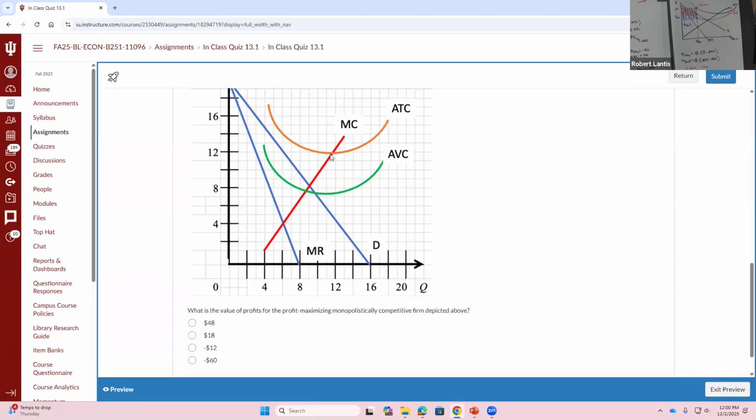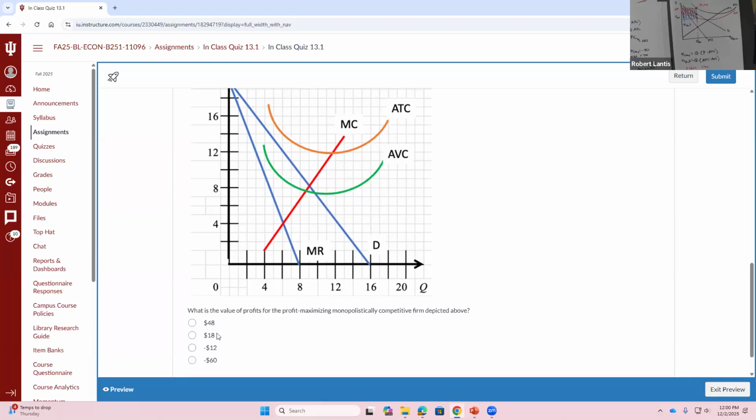Now, this won't always be the case because I can change the distractor answers. But if I just had to guess without doing the work, if staying open should result in smaller losses, should I choose negative 60 or negative 12 here? Negative 12. I could have given you negative 6, and that wouldn't be the case. But we can start to think through these different scenarios of staying open versus shutting down.